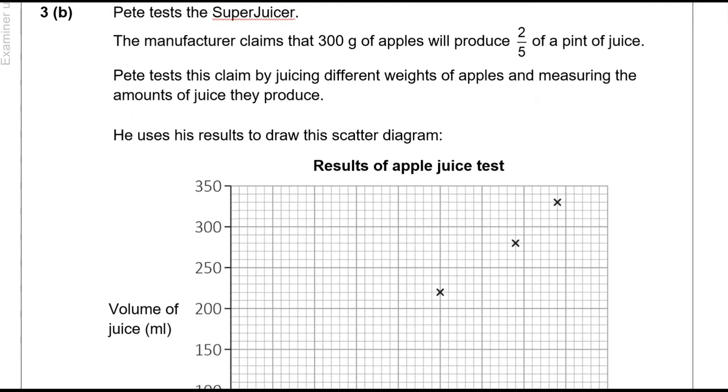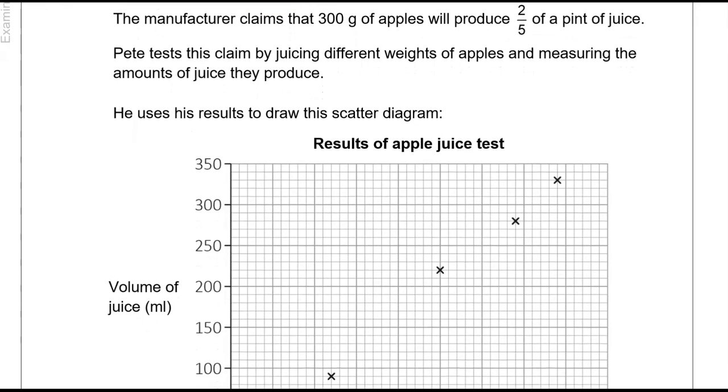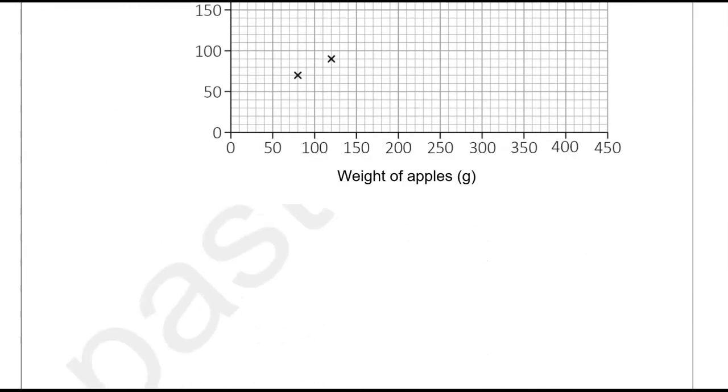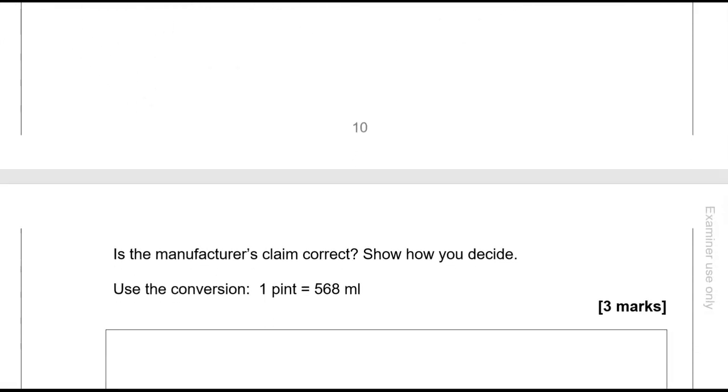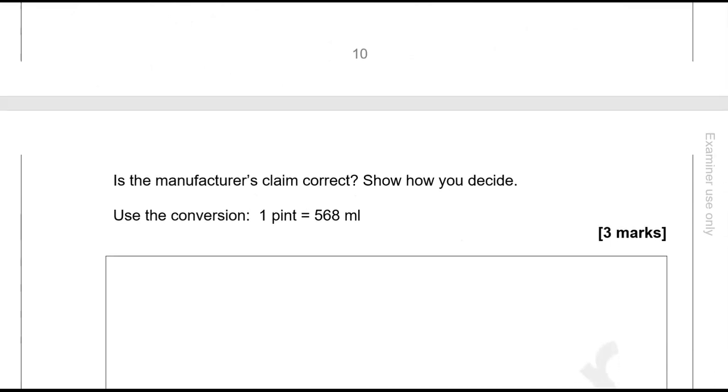So 300 grams of apples will produce 2/5 of a pint. So 1 pint is equal to 568 milliliters.